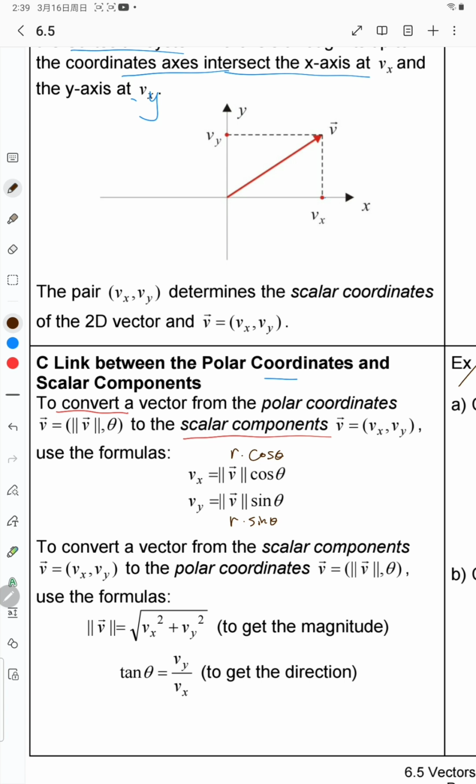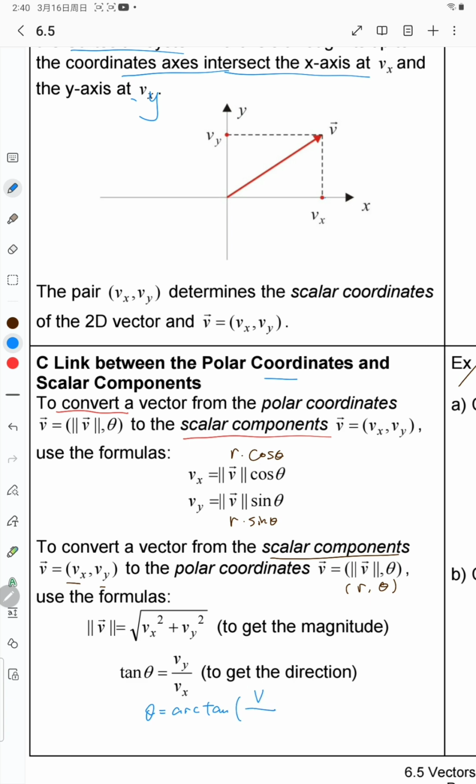That's a good point. If you know the xy coordinates, vx, vy, how do we write it in polar coordinates? This is just our r, theta. r we can calculate as the square root of x squared plus y squared, and because we know tangent theta, we can just say theta is the arctangent.